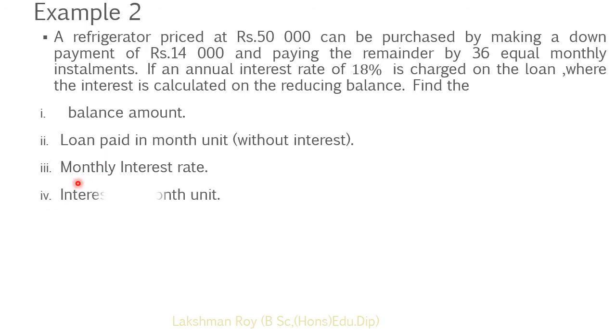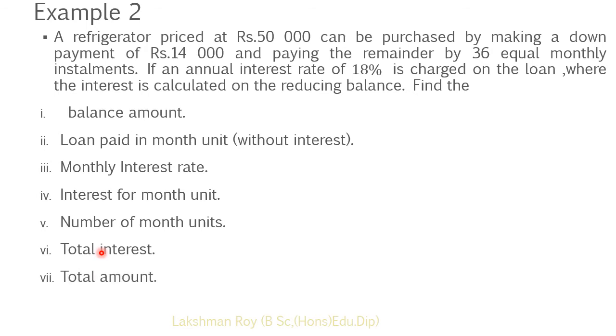And the fourth one is the interest for a month unit, right? And the fifth one is the number of month units. And then the total interest. And Roman number 7 is the total amount. And the last one is the value of monthly installments, right?